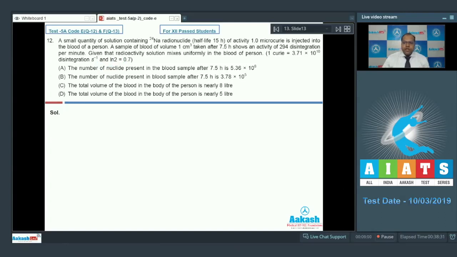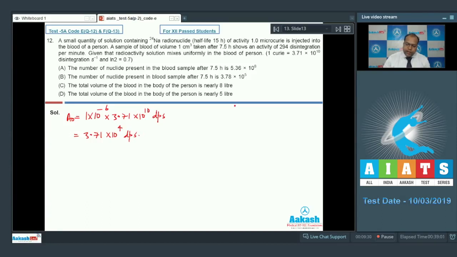So the initial activity A0 is given as 1 microcurie, so that is 1 into 10 to the power minus 6 into 1 curie, which is 3.71 into 10 raised to the power 10 disintegrations per second. So this is equal to 3.71 into 10 raised to the power 4 disintegrations per second.